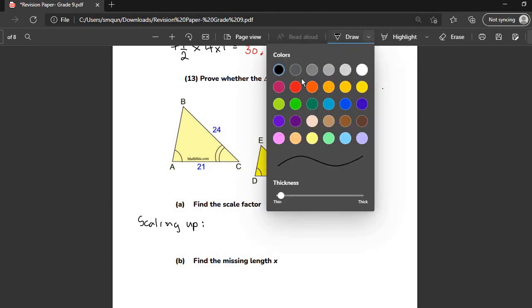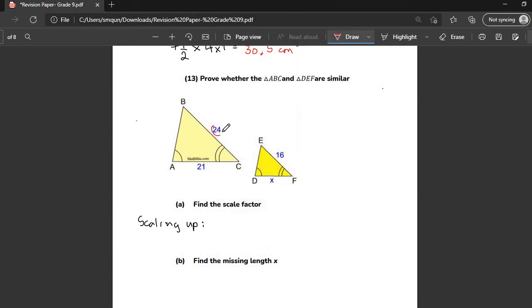I see one pair of corresponding sides: that would be 24 and 16. So to find the scaling up scale factor, I'm going to put the larger corresponding side over the smaller corresponding side, and we would get 24 over 16.